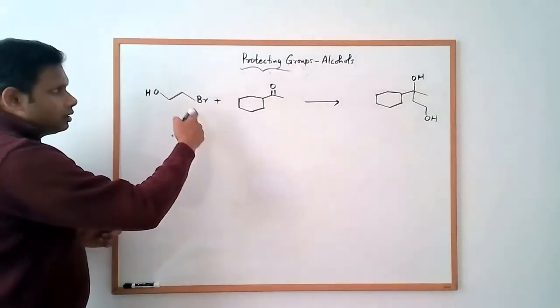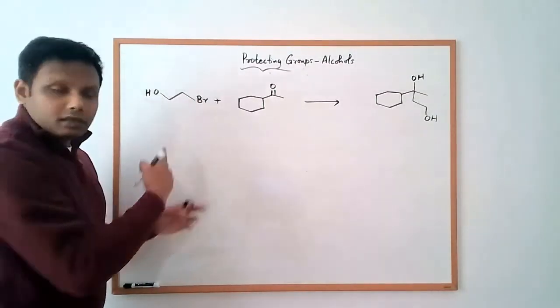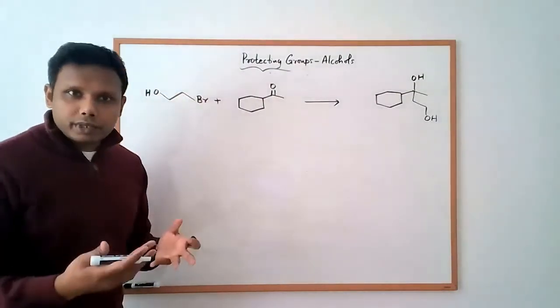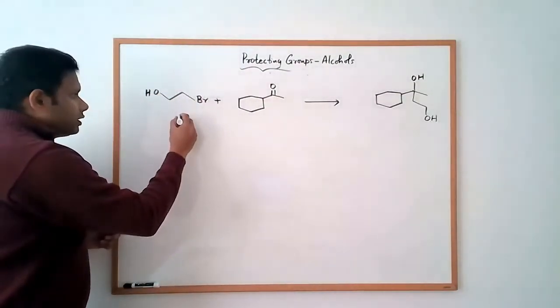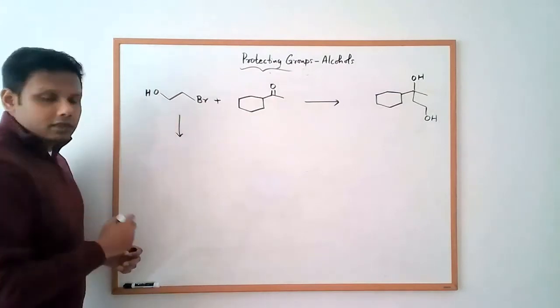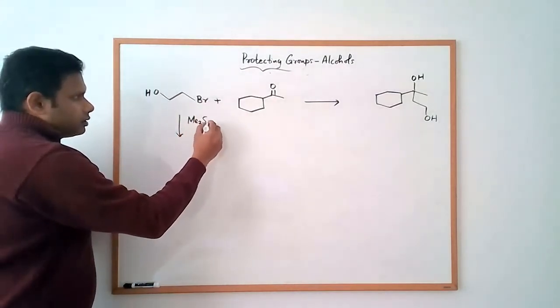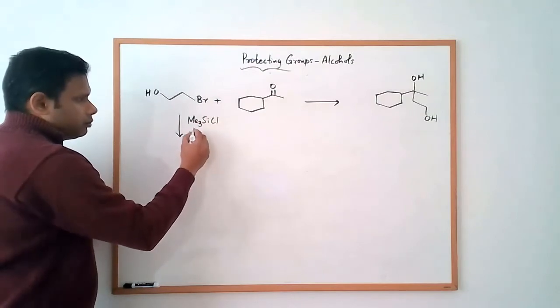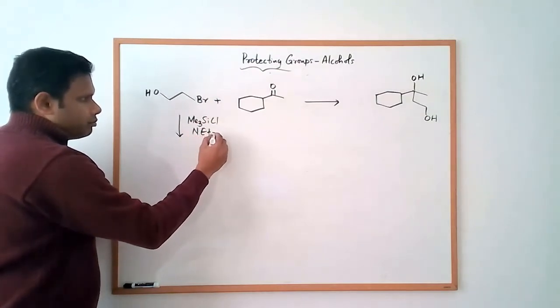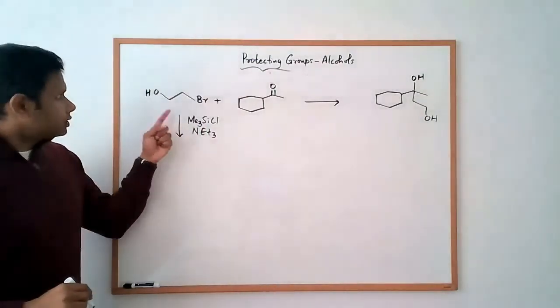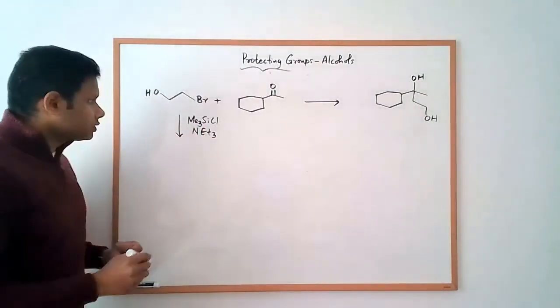So now, instead of making a Grignard out of this bromoalcohol directly, what if I took this compound and reacted it with trimethylsilyl chloride in the presence of a base, triethylamine? What that's going to do is protect this hydroxyl group.